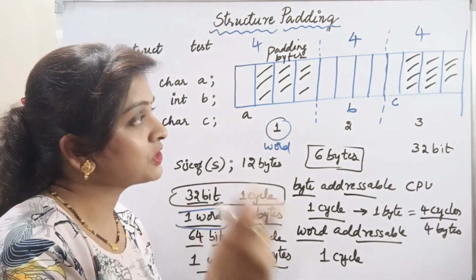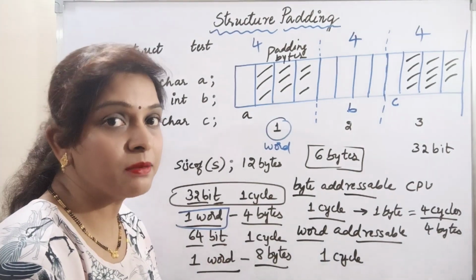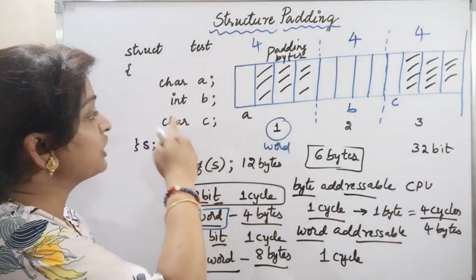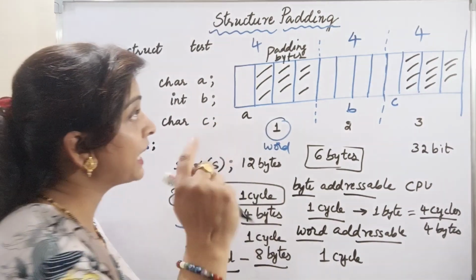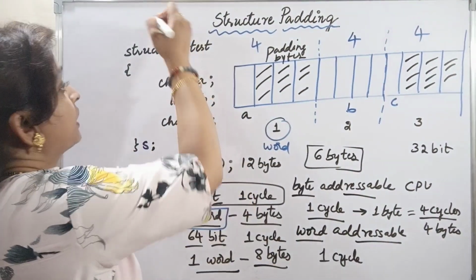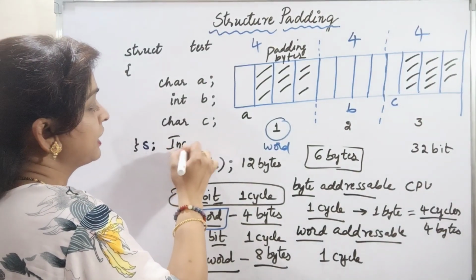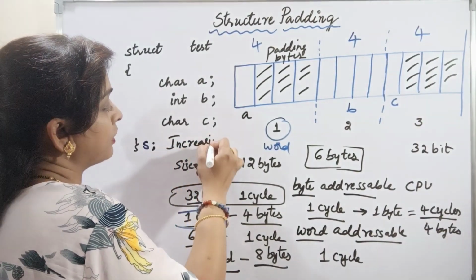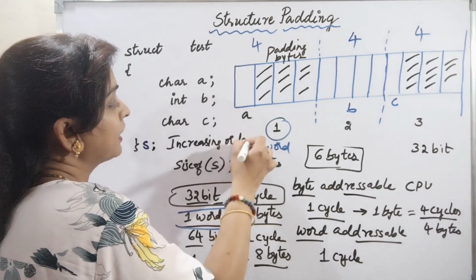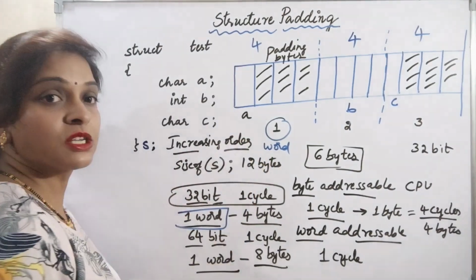I can minimize these padding bytes by rearranging the members in increasing order of size.